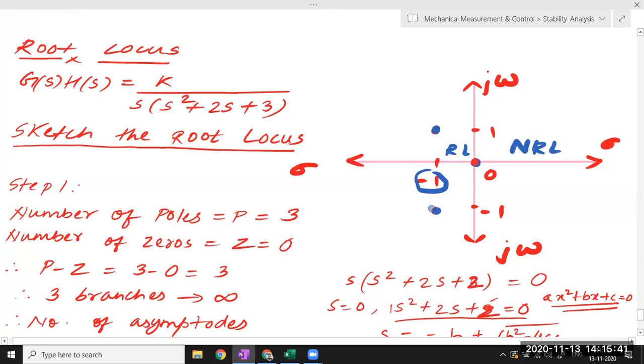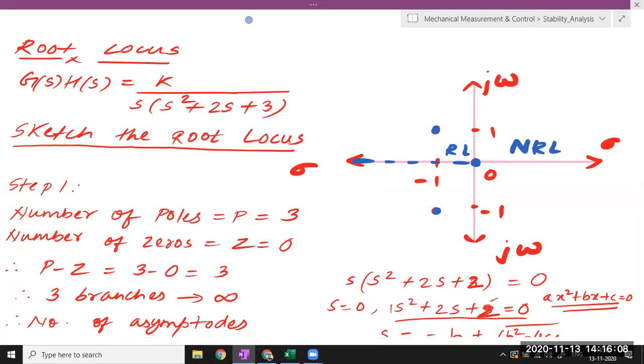Minus 1 plus j and minus 1 minus j are the poles. This is odd, and on this line, since there are no poles, this total region will be root locus region. Wherever we want to plot, we can plot the root locus region. So this total region up to infinity will be a root locus region. Is everyone okay? Yes, sir.